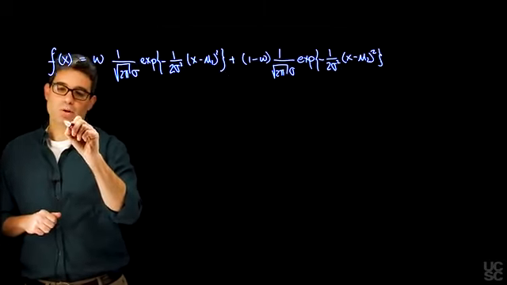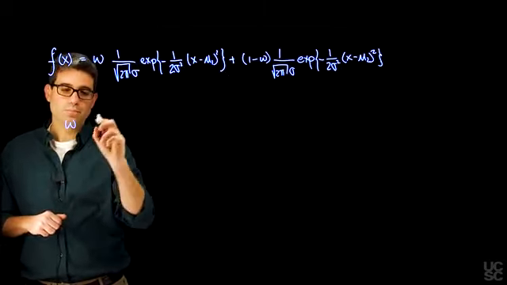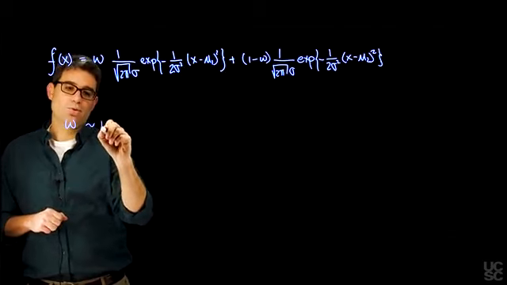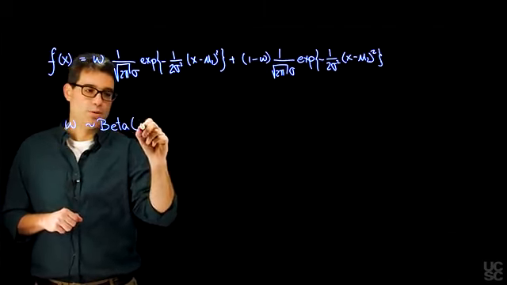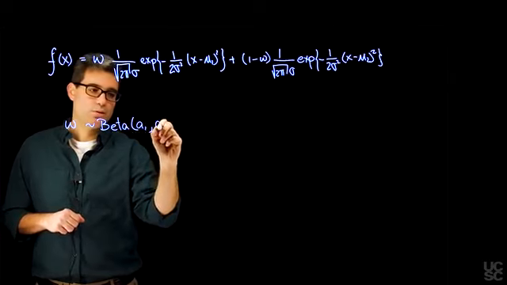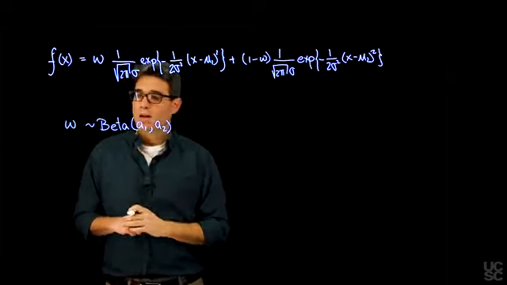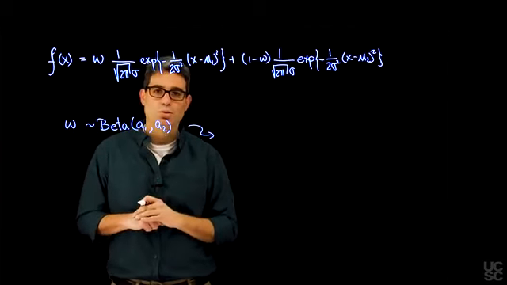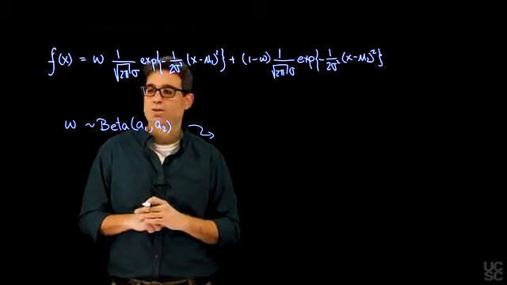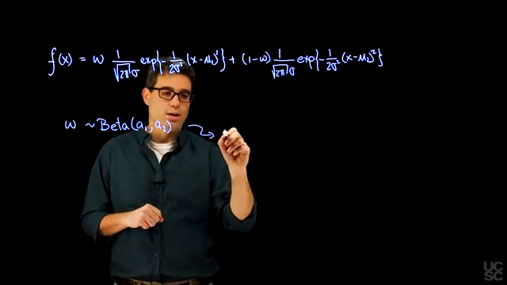So we start with the prior for omega. In this case, we're going to use a beta distribution with parameters A1 and A2, say. And be careful, this is exactly the same Dirichlet distribution that we just used for the general derivation, in the special case where K is equal to 2.